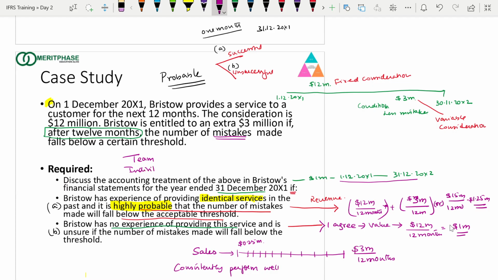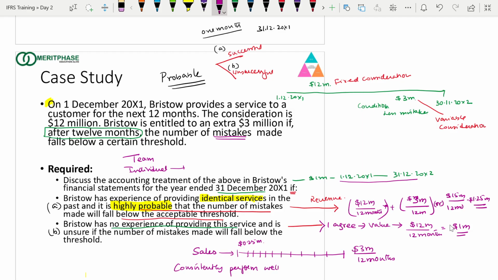Take that example. Ramadan is the best way of understanding the sales concept. It is very much visible.